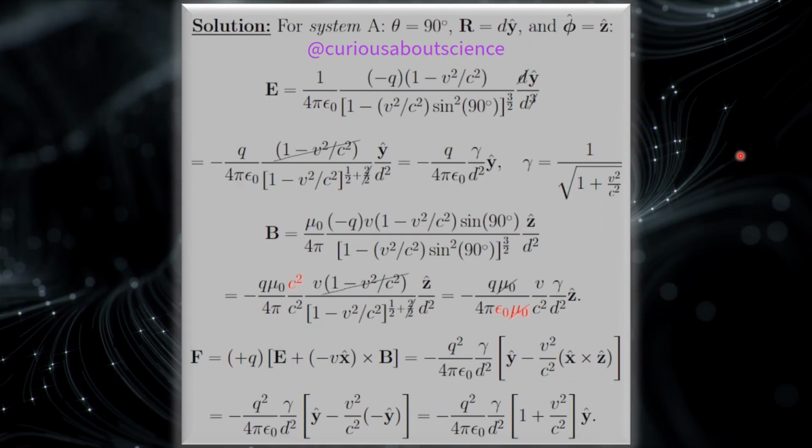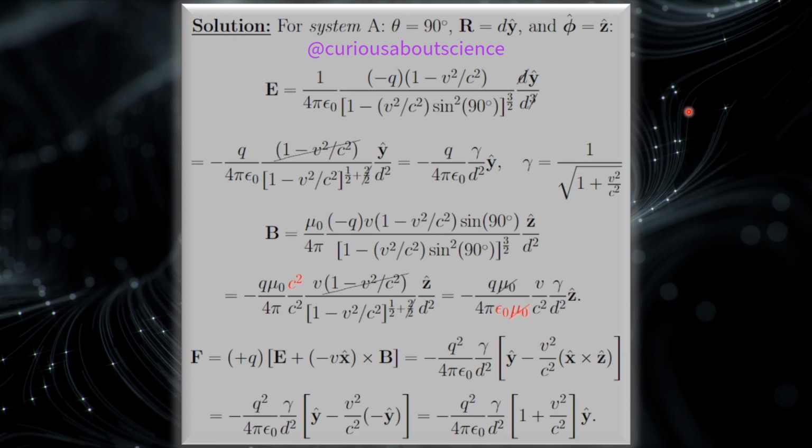All right, first and foremost, what we have to understand is that for system A, theta equals 90 degrees. So the separation vector R is equal to d y hat, and theta hat is equal to z hat. When we plug it into the electric field formula for moving charges, we get our constant 1 over 4 pi epsilon naught with the negative q times the v, all this stuff, and the sine squared here.